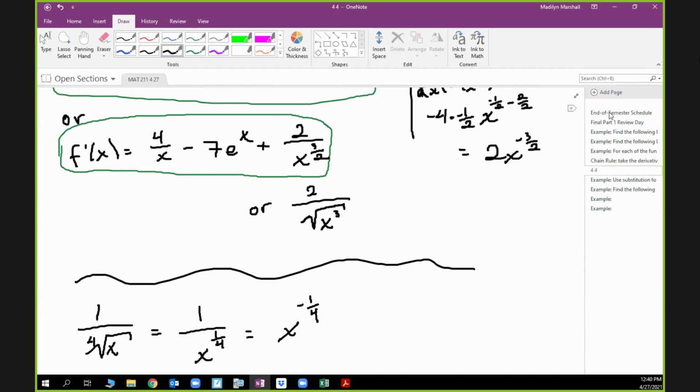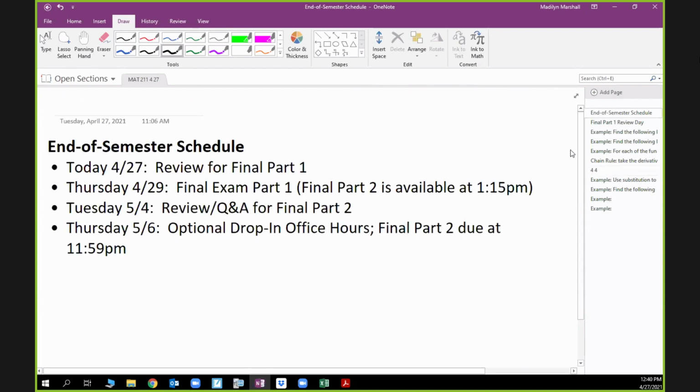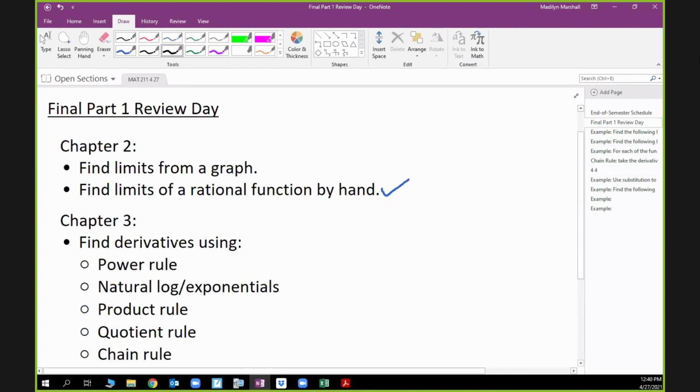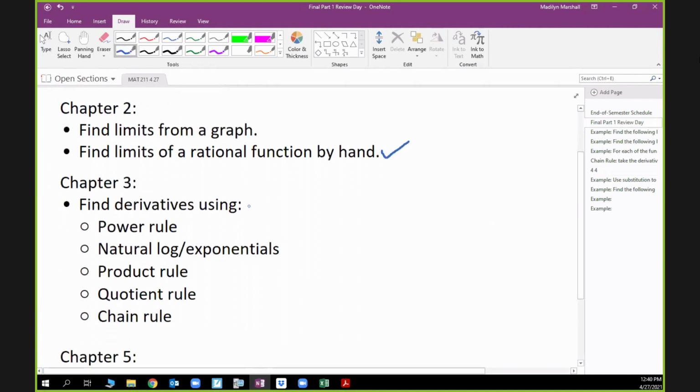Okay, so I'm going to go back to our list of stuff. So we've talked about derivatives in general, particularly the chain rule, power rule. We've done both of those. Are there any requests to do either a product rule or a quotient rule, or both?